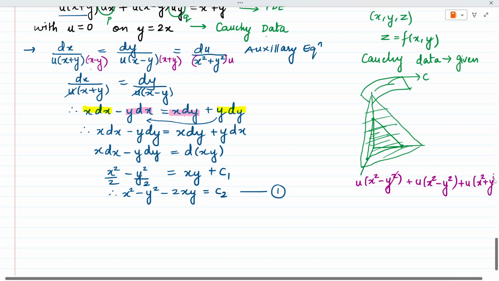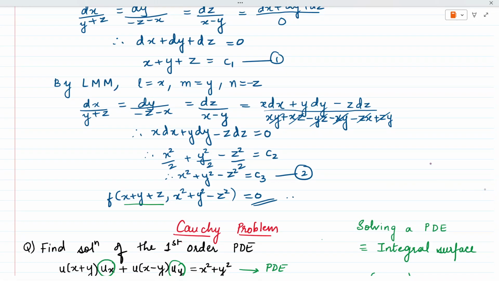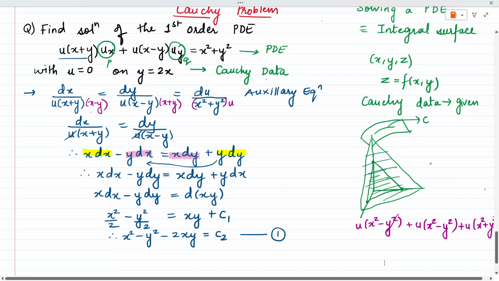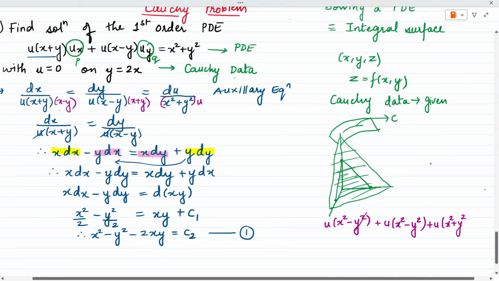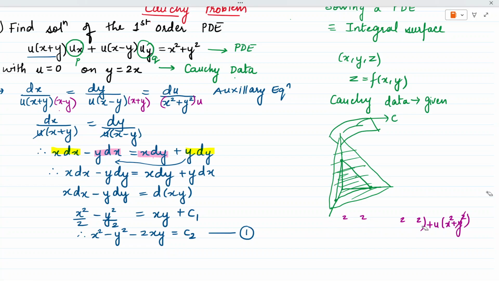So one of the y square terms will get cancelled, but 0 is not being formed. So this try is wrong. Good, you tried, but this try is not correct.